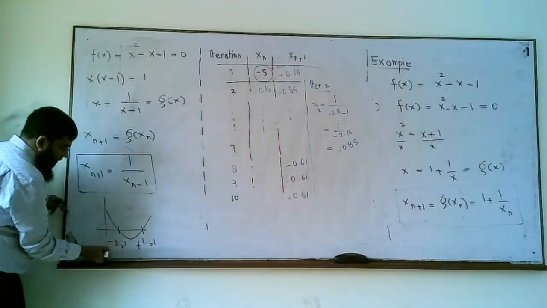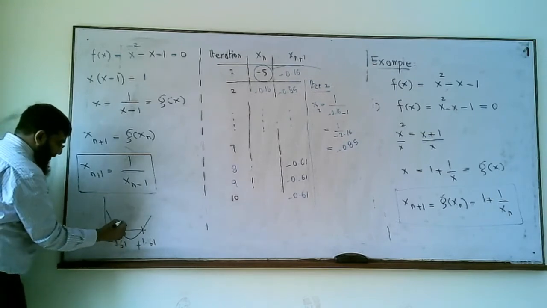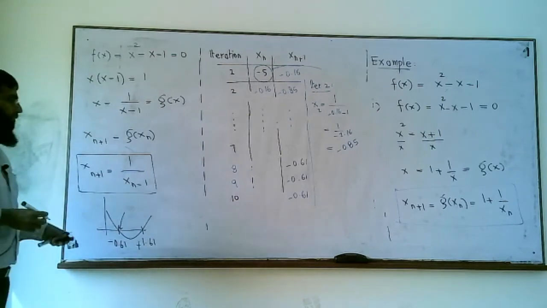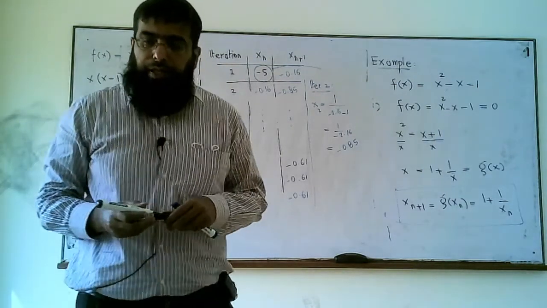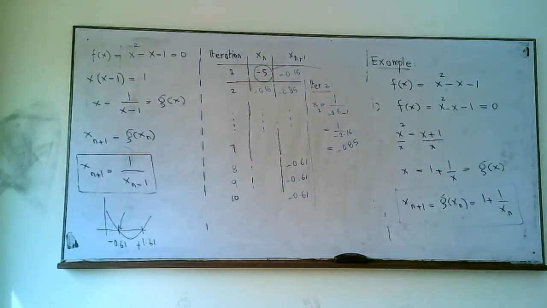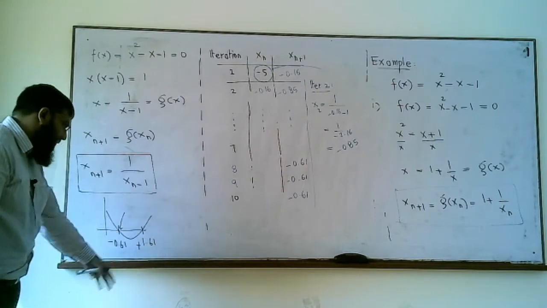So this alternate expression for x_{n+1} converges to the second root, minus 0.61, or you can call this the first root and that the second root.